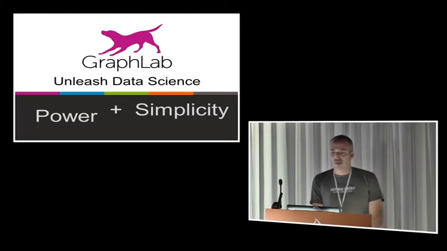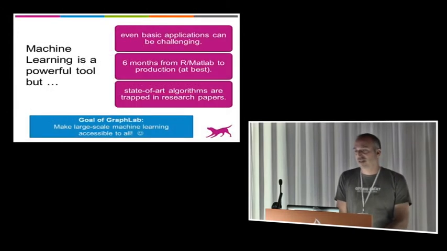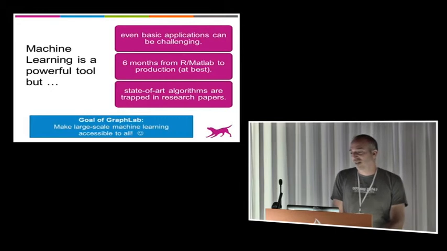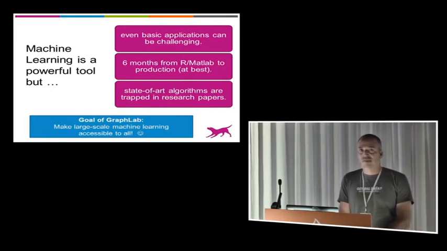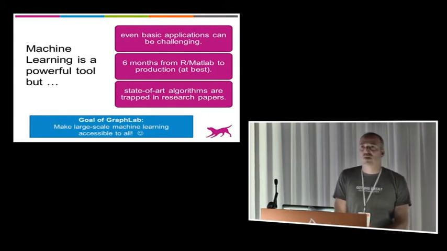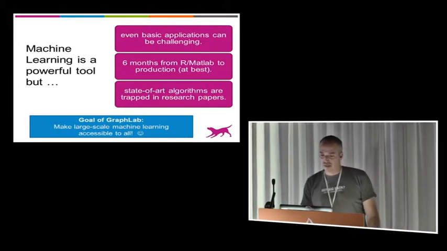Also, even if you have invented a very nice algorithm, you have it on MATLAB, it works very nicely on 10,000 graph nodes, but now you want to scale it to 100 million, and then you need to re-implement everything on top of Hadoop or some other infrastructure, and that takes a lot of time. So when talking to companies, 6 months is like the fastest ever, but many companies could take a year or two just to implement a nice idea into a production environment.